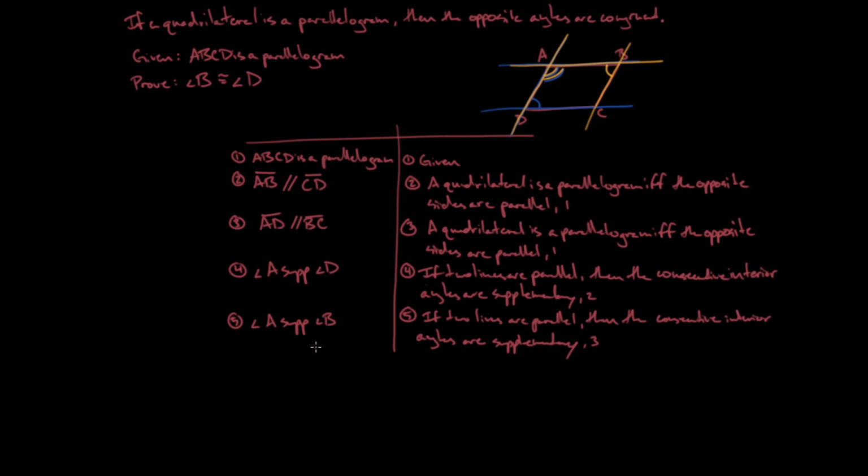All right. Now I can say that since angle B is supplementary to angle A and angle D is also supplementary to angle A, angle B and angle D will be congruent to each other. This is not the transitive property, as a reminder. It is the congruent supplements theorem. Anytime I'm linking two statements together, it doesn't always have to be the transitive property, because I'm not linking them through congruence here.